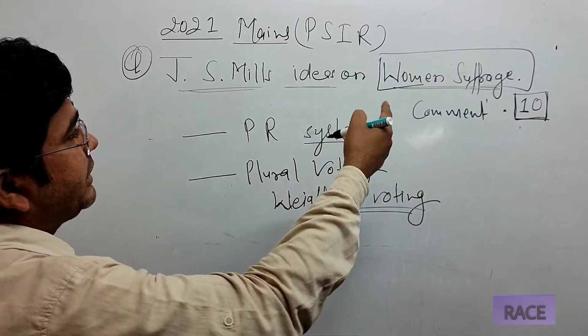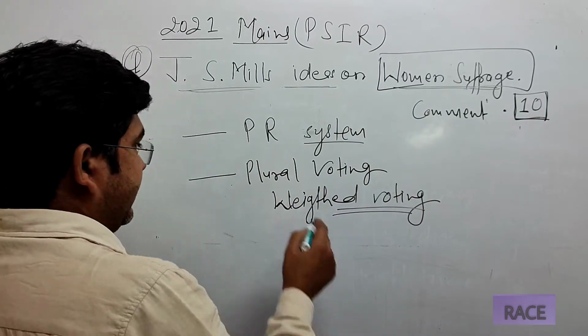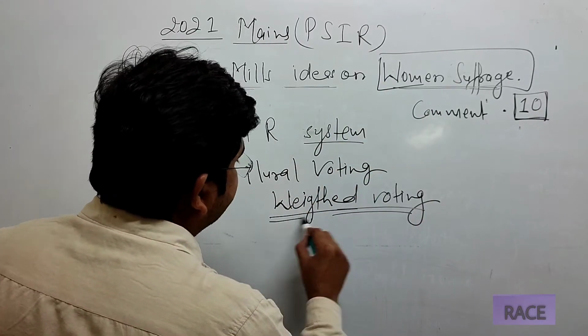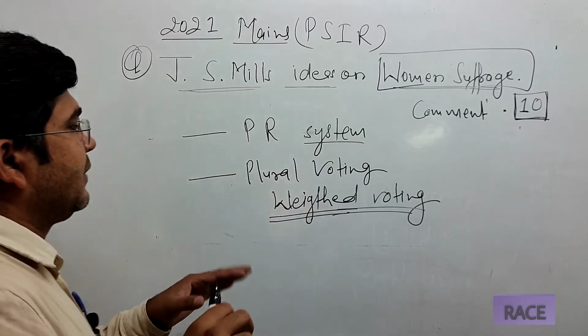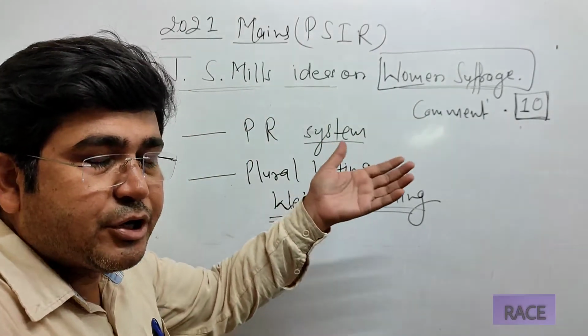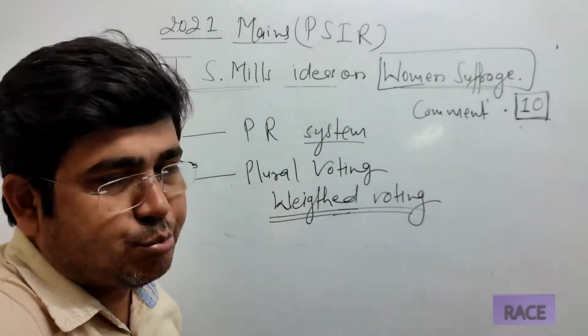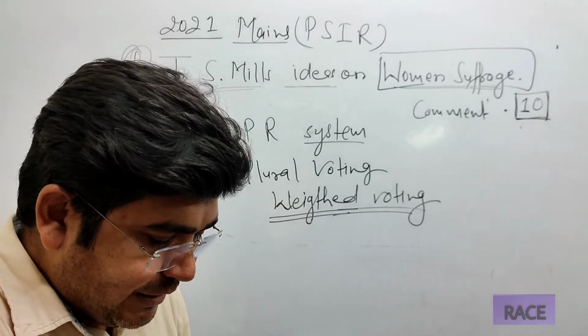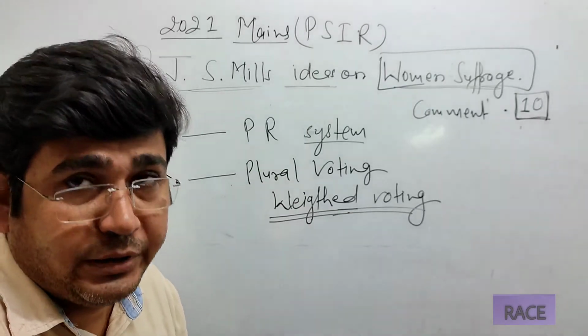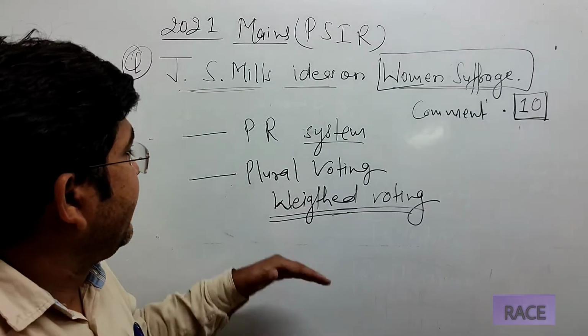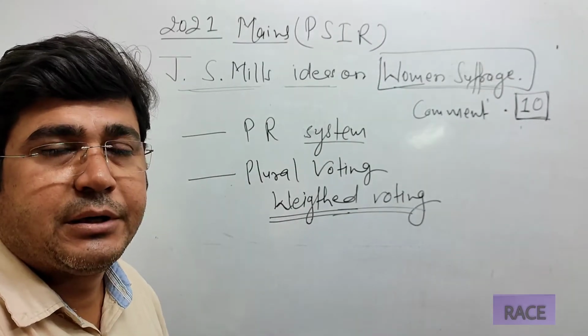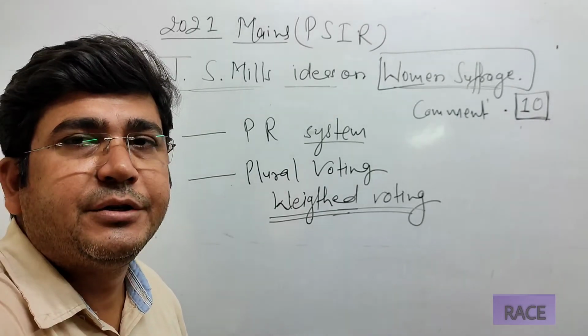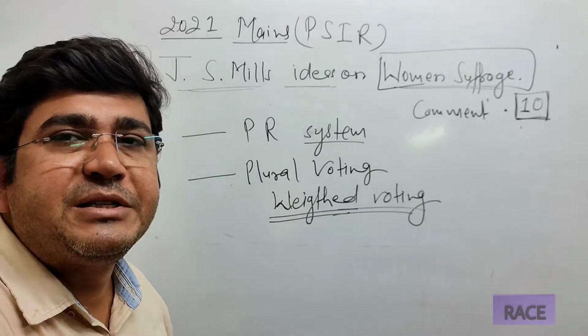So when he advocated women's suffrage, he reinstated this point, that it should not be free from qualifiers. He said that the right to vote should be given only to those who have certain intellectual traits, certain intellectual capacity: they should be able to read, write and perform basic arithmetic.